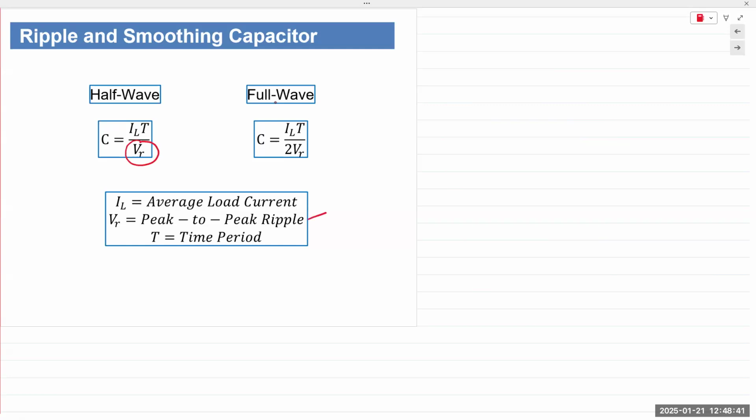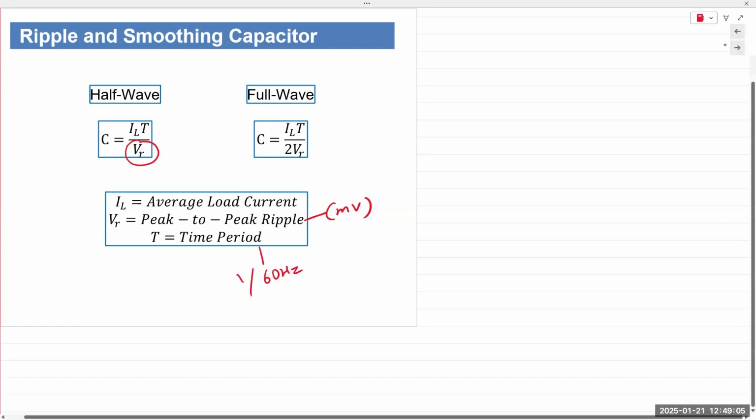Typically, as I said, VR is in the millivolt range. Okay. IL is the average load current and T is the time period. So for all intents and purposes, if you're using 60 Hertz, it would be 1/60. Okay, 1/60.